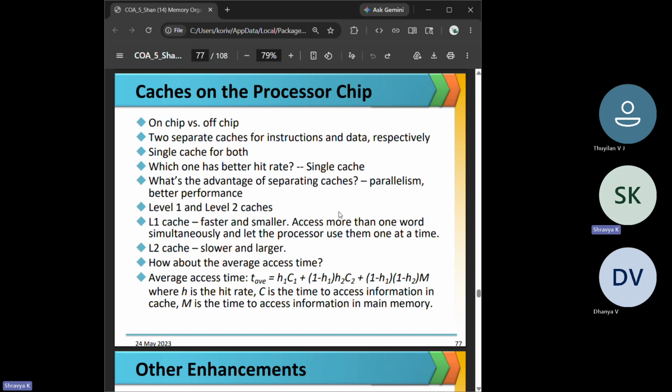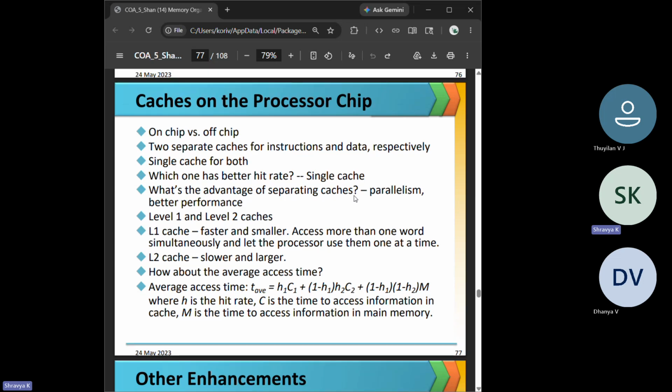But again, when we want parallelism for better overall performance, we may want separate caches. It may be possible that at a certain time you want a certain instruction and a certain piece of data to be in the cache at the same time. But if you're using a single cache, the data may just be evicted.